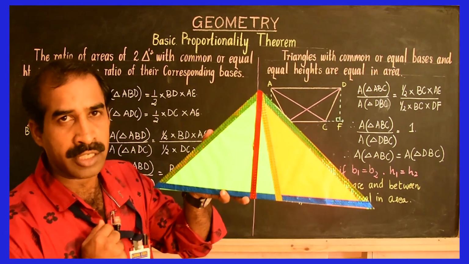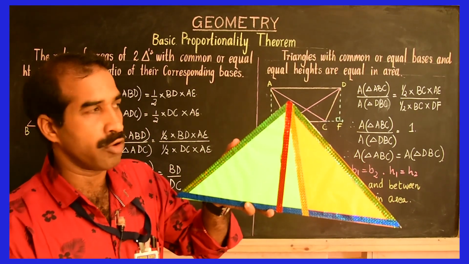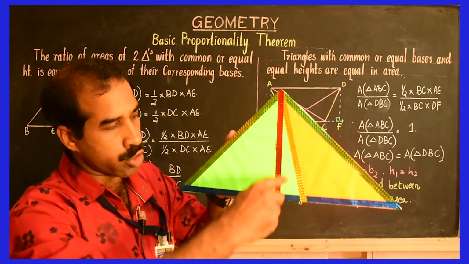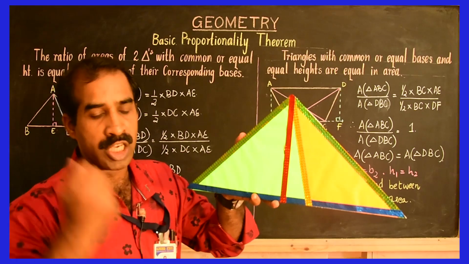I will repeat the fact: one and only one perpendicular can be drawn from a point outside the line to the particular line. So just look at the board.